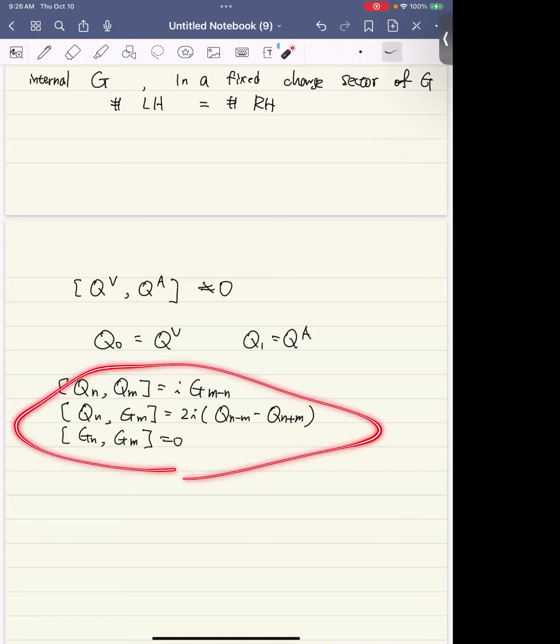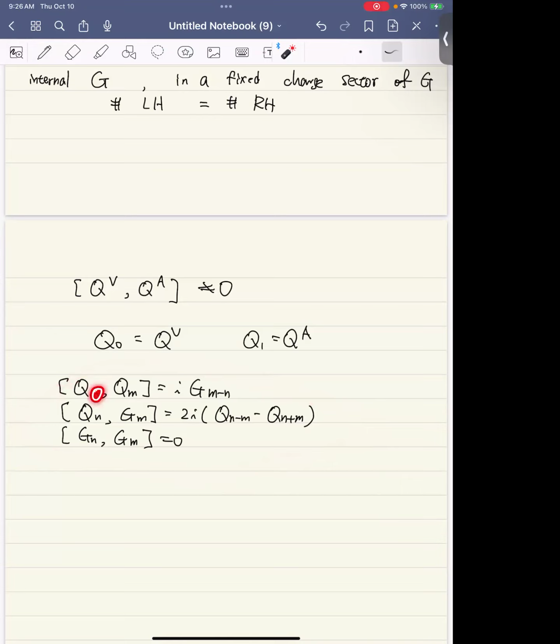On an infinite lattice, this is an infinite dimensional algebra. Q0 and Q1 are the QB and QA we know. You take Q0, Q1, you get some G1, and then you take the commutator between G and Q, you get more and more charges.